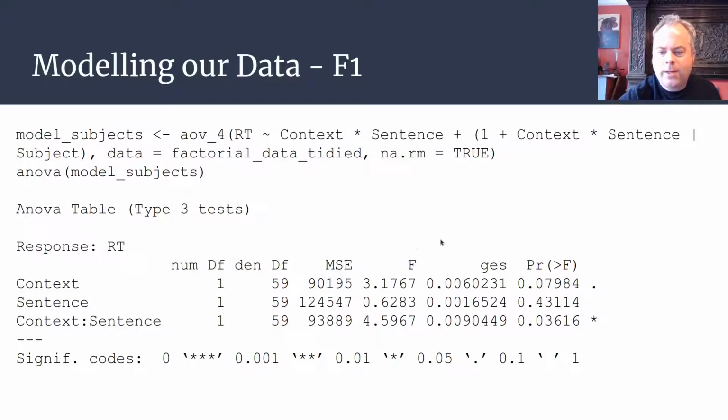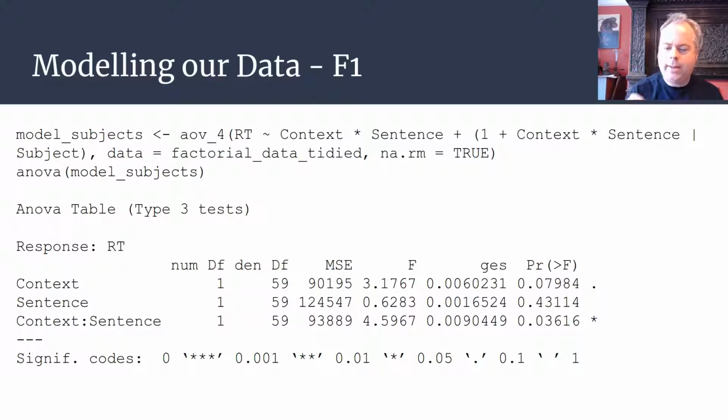We're given information about our main effect of context, which is not significant actually. So we've no main effect of context. We've got no main effect of sentence, so the F ratio is less than 1. When the F ratio is less than 1, the effect can never be significant, even with many, many more observations, because that tells us we've got more unsystematic variance in our data than we have systematic variance.